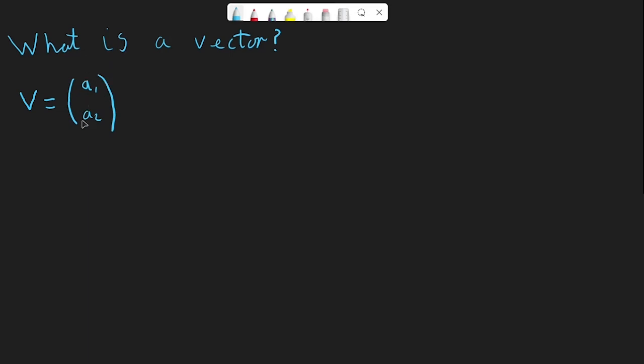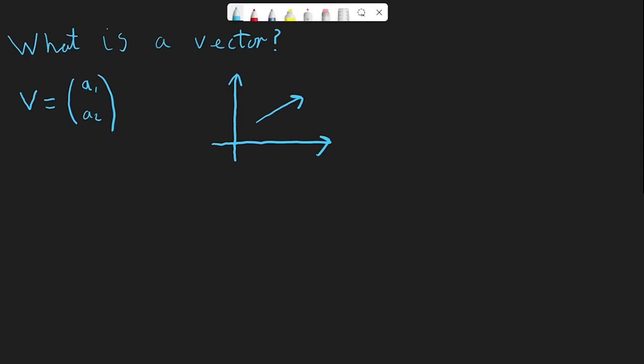So this is a vector input and this is an input. So combined they make a vector, and we can represent this vector in a coordinate system with an arrow, and basically this arrow could be anywhere.